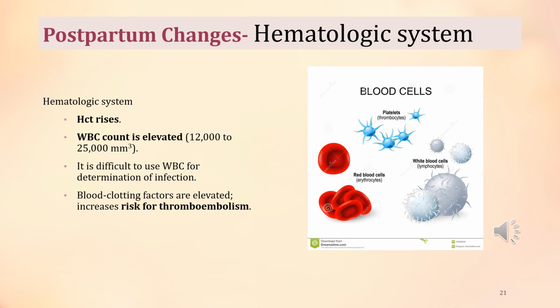It is part of the labor process. So we can't really use that as a determining factor if this mom is infected or not. We have to look then at temperature, heart rate, all of the other things that we look for when we're determining infection.